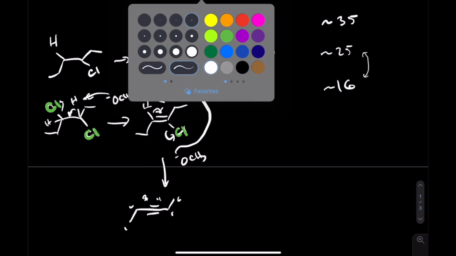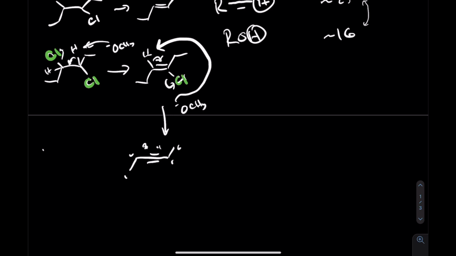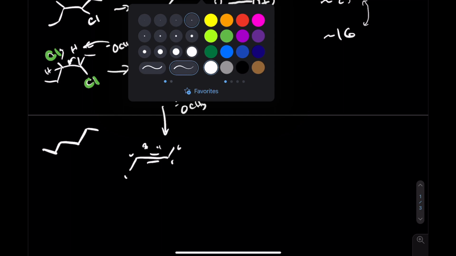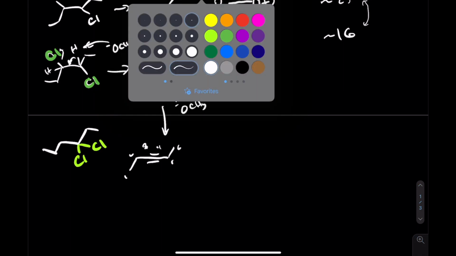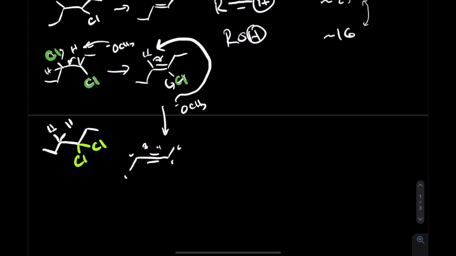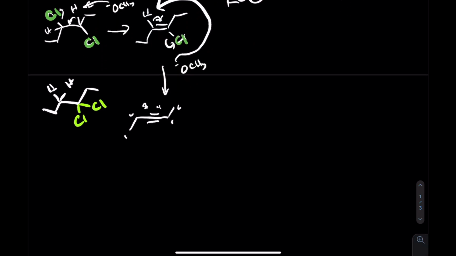It also works if they are geminal, and so we've talked about this a bit before, that instead I have my chlorides on the same side, and the two hydrogens are now over here, because I do have to eventually produce my HCl as my departing moiety.